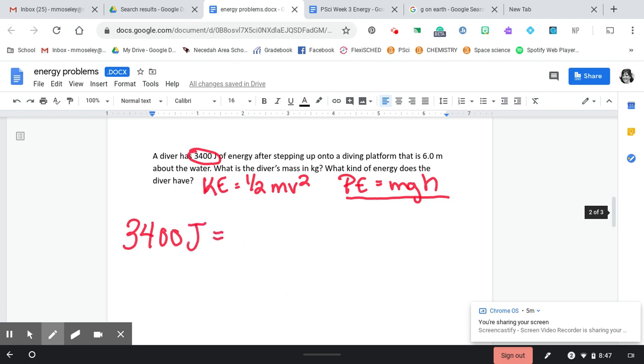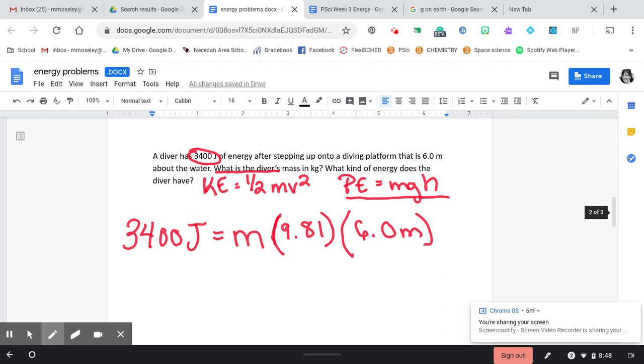And that's equal to the mass of the diver, which I don't know because it asked me what is the mass. So I'm going to leave that one as m. G is always equal to 9.81. And my h would be the height that the board is above the water, which is right here. That's 6.0 meters above the water.